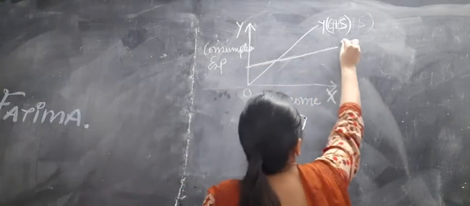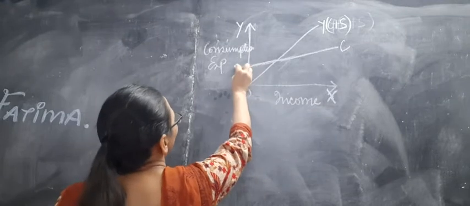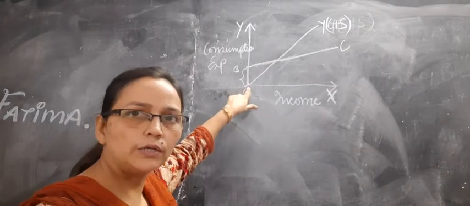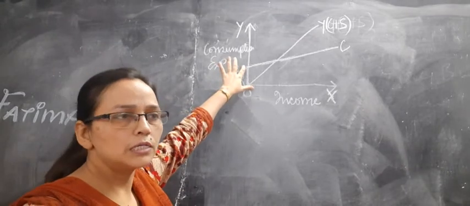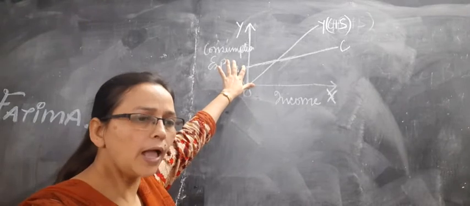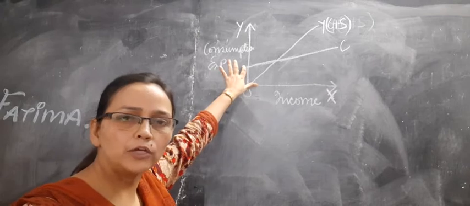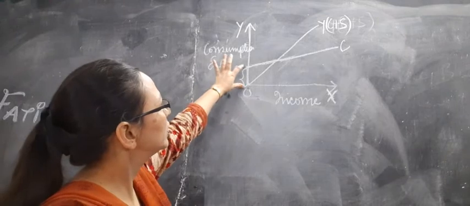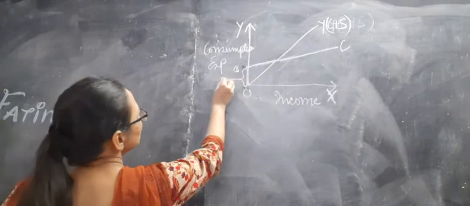Next, this is your C line. The C line is your consumption line, and you are starting it not from the point of origin, not from 0, but from intercept A. This is the consumption expenditure of the consumer at 0 level of income. This consumption is met either by withdrawing past cash or by borrowing. So it is also known as autonomous consumption.